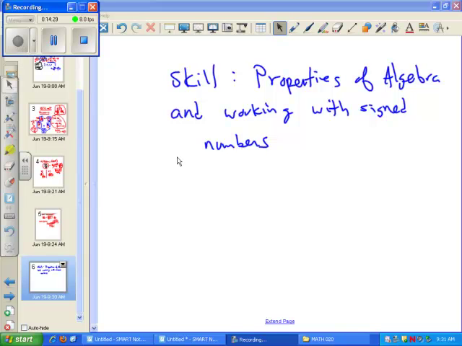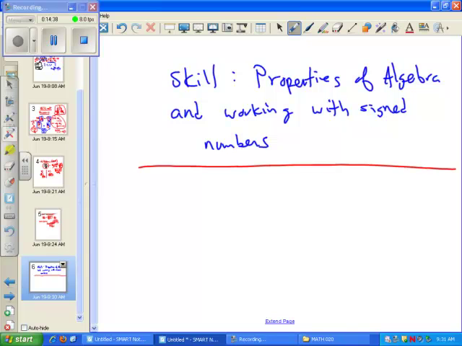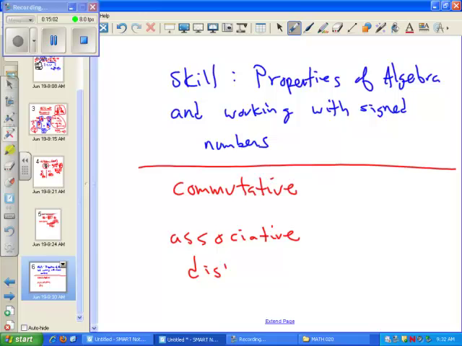All right, so last skill set here that we want to practice is properties of algebra and working with signed numbers. Now, just out of curiosity, can anybody recite at least 4 properties of algebra? Is it addition, subtraction, multiplication, division? Well, I'll give you a hint. Those are operations. How about commutative? Okay. Commutative. Good. Associative.